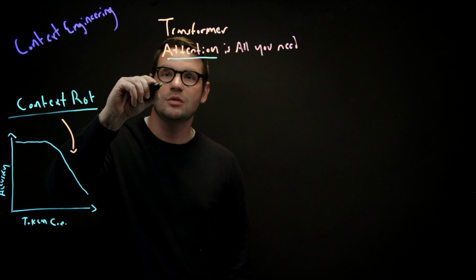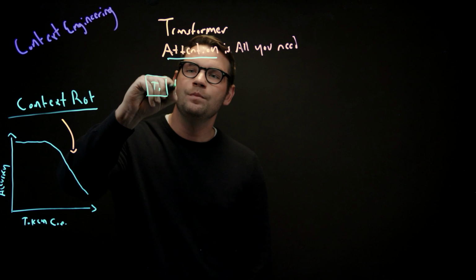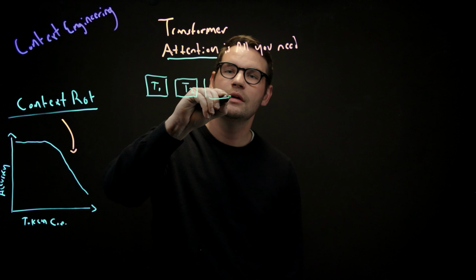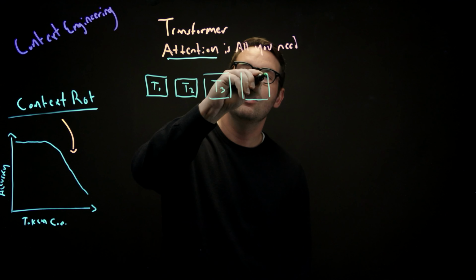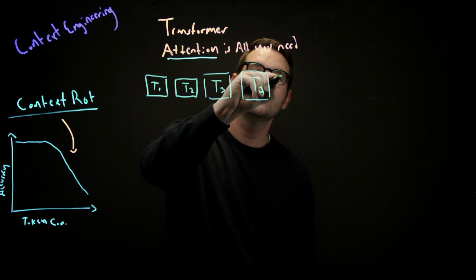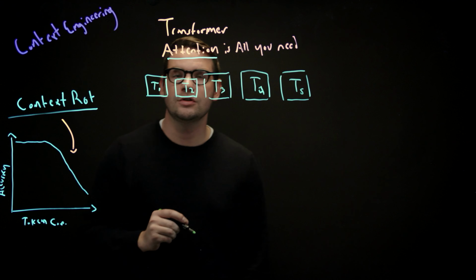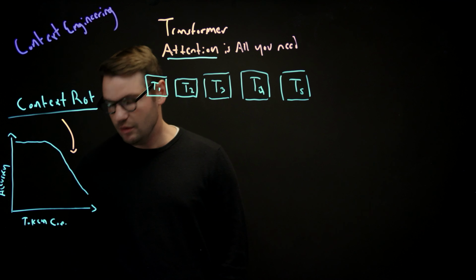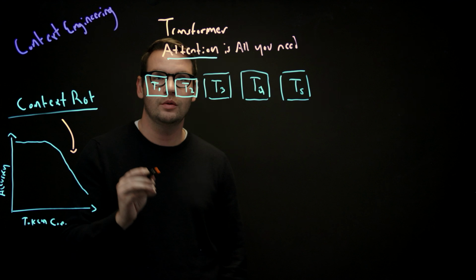So for instance, just to break that down in a simple example, if we have 5 tokens, and a token, by the way, is basically, think about it like a unit of LLM cognition. So it could be like a word, or a word could be represented by multiple tokens. But yeah, a unit of LLM cognition is a good way to think about it. In this case, we have 5 tokens, and attention means that each token must be able to attend to every other token in this context.